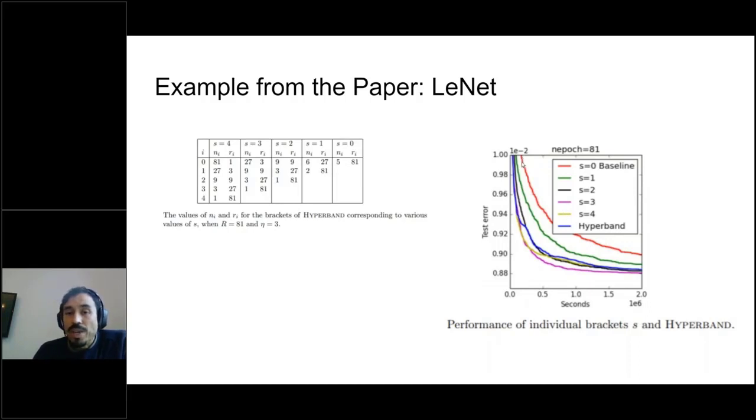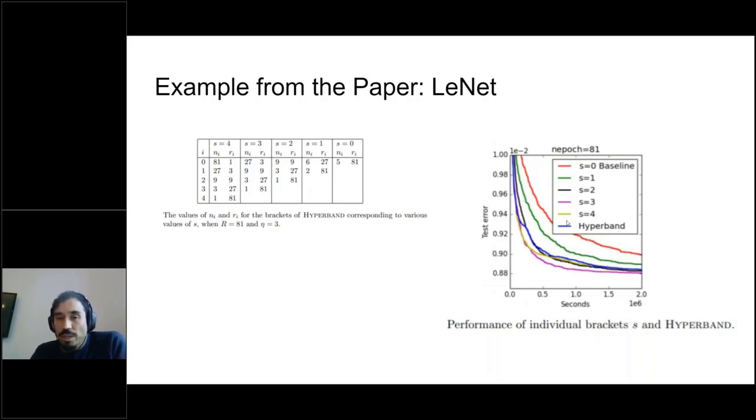What you see in red here is the test error for random search. And this S0 to S4 represent each of these brackets or the inner loops in the algorithm. So each individual bracket is plotted.